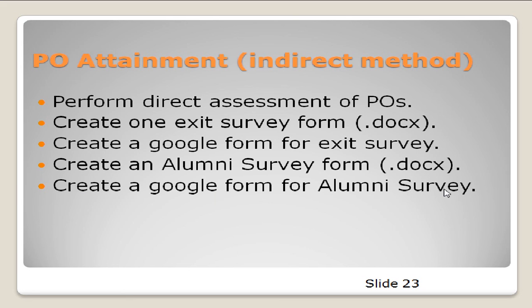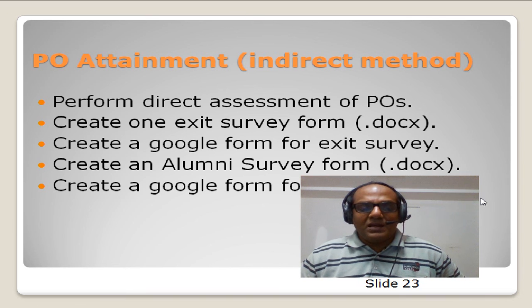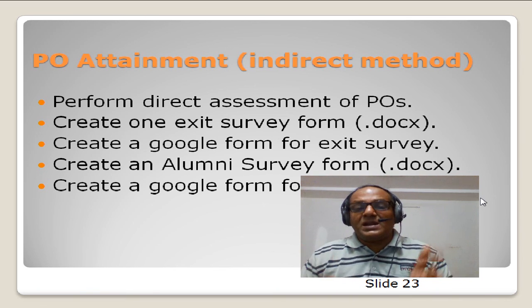I'll once again reiterate, decide on a nomenclature in the department and try to use it consistently. It may appear very silly of me to repeat it so many times, but I get survey form, that kind of a sheet, from 10 departments.